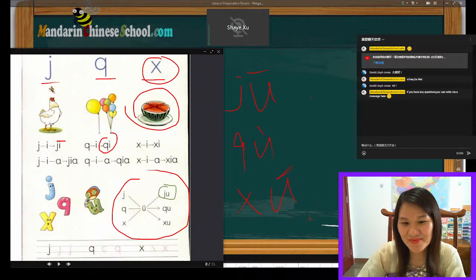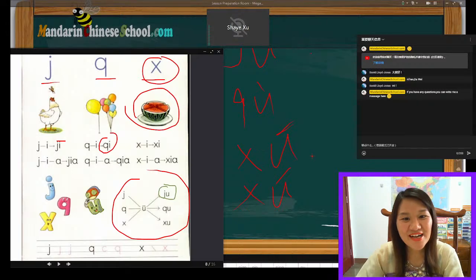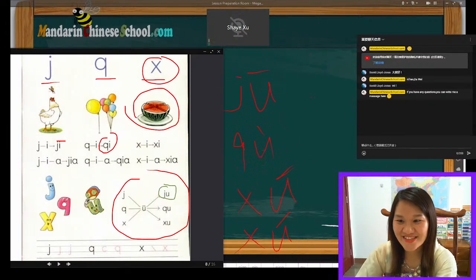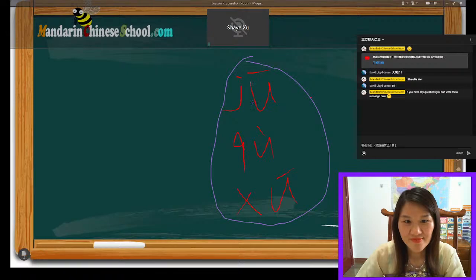This is my last name. So 须、许。你会了吗？Do you know how to say them now? 许。好，这三个，要记得 remember when you see these words, it's actually pronounced the ü sound, not u.